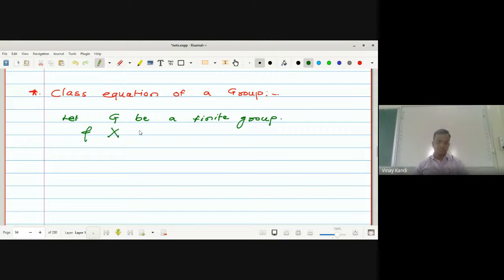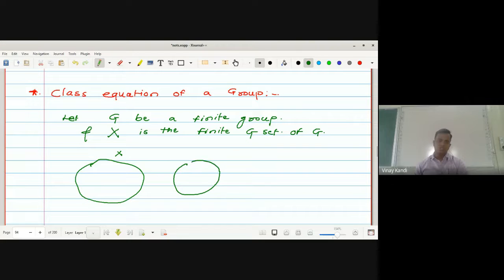Capital X is a finite G-set of the group G. So that means there exists a function X cross G to X, such that two conditions hold.